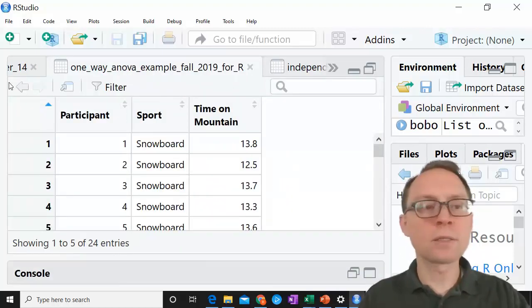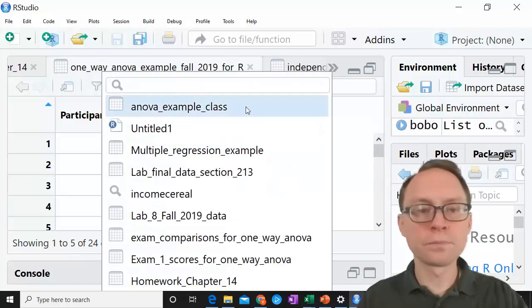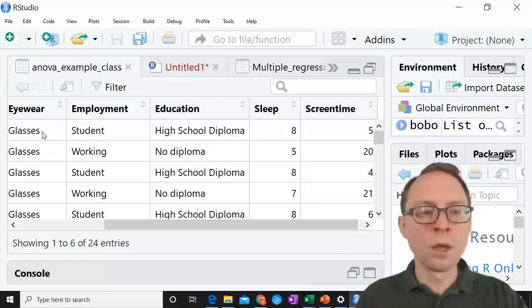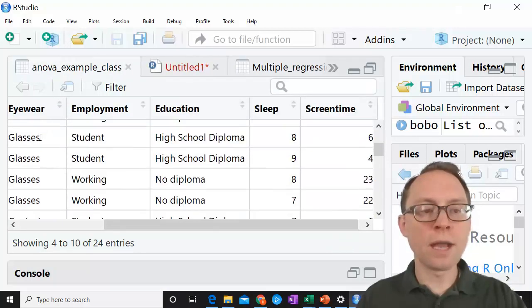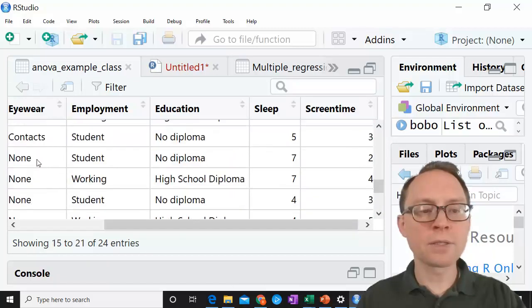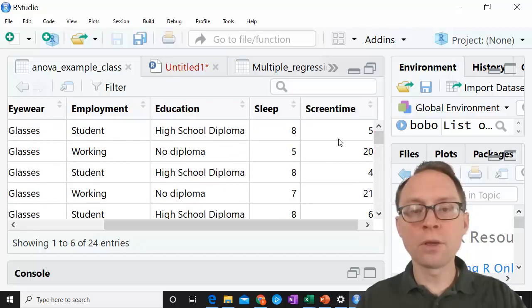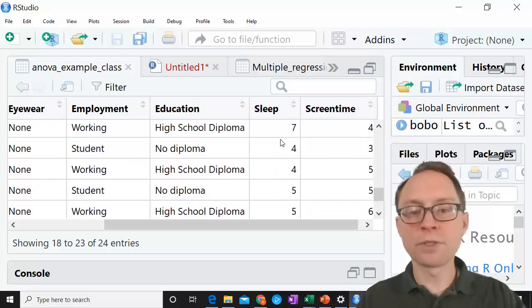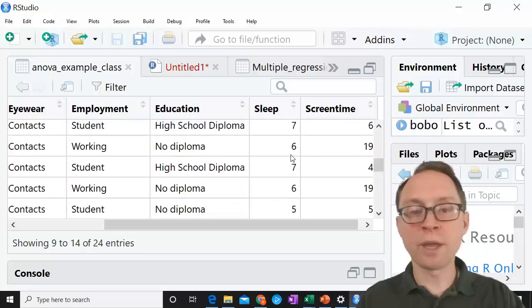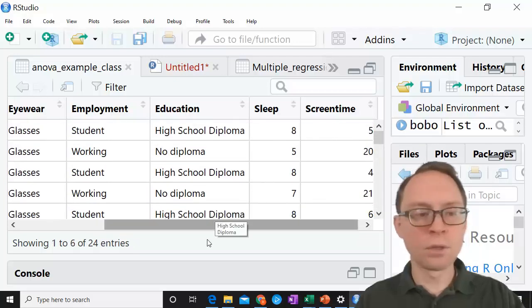I've got people who either wear glasses, contacts, or neither, none, right? Let's look at the difference that they have on their sleep. Let's see if there's a significant difference in sleep. If there's not, then we might have to do screen time here. So let's see what we've got.